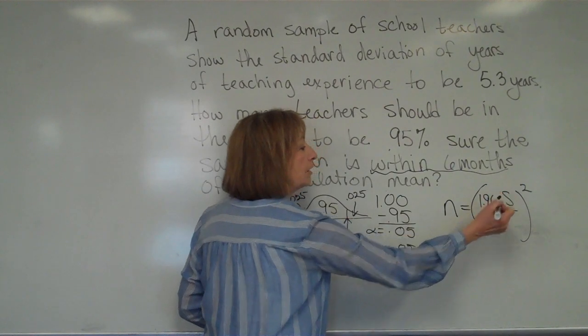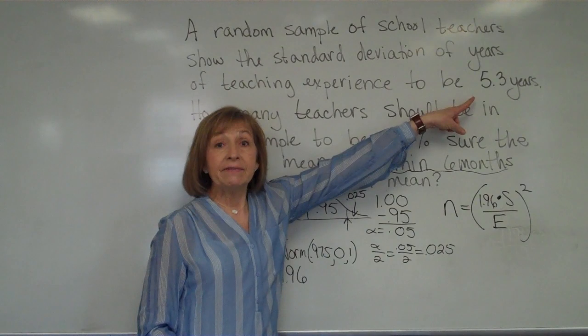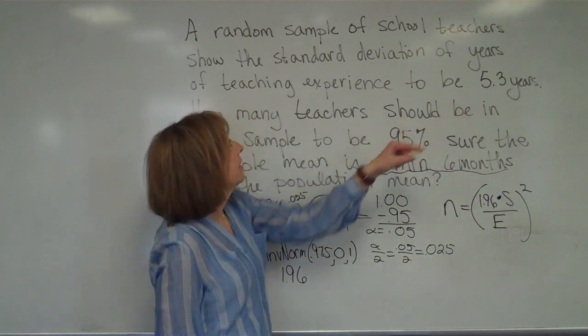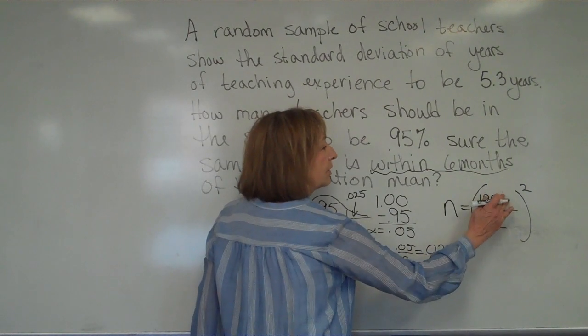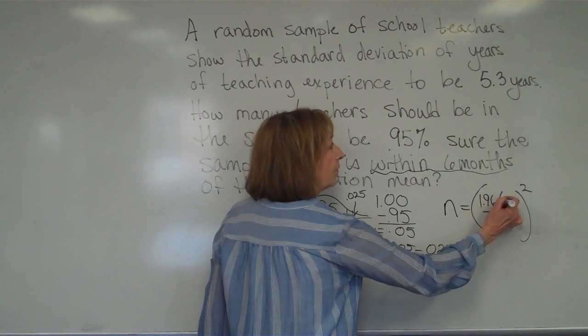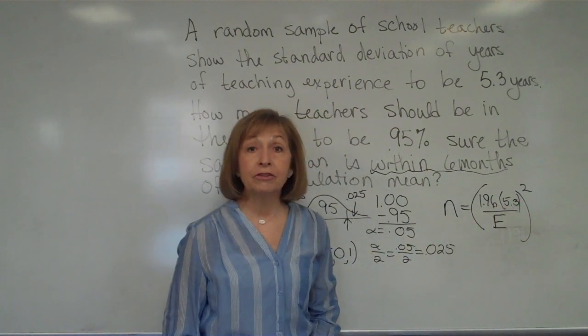Now that gets multiplied by whatever our standard deviation is. Our standard deviation is 5.3 years, and we're looking at the expression in years. So we're going to multiply that by 5.3. And E is the margin of error.